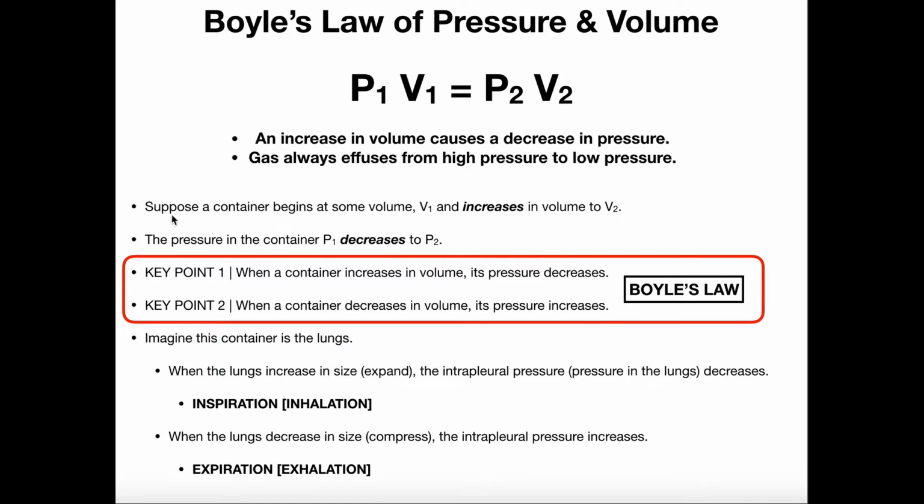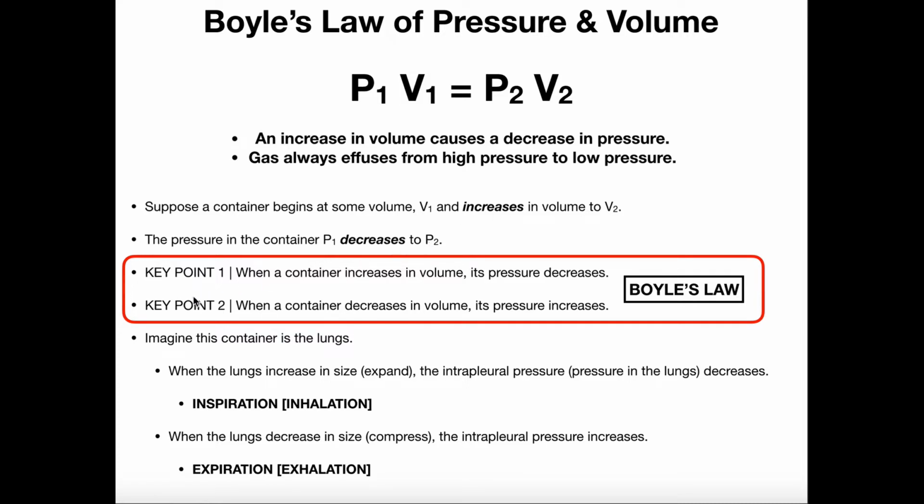So let's consider it. Suppose we have a container that begins at some volume V1. Okay, and let's say we increase it in volume to V2. Then what's going to happen is the pressure in the container, P1, is going to decrease to P2. So if we increase the volume, the pressure is going to decrease.